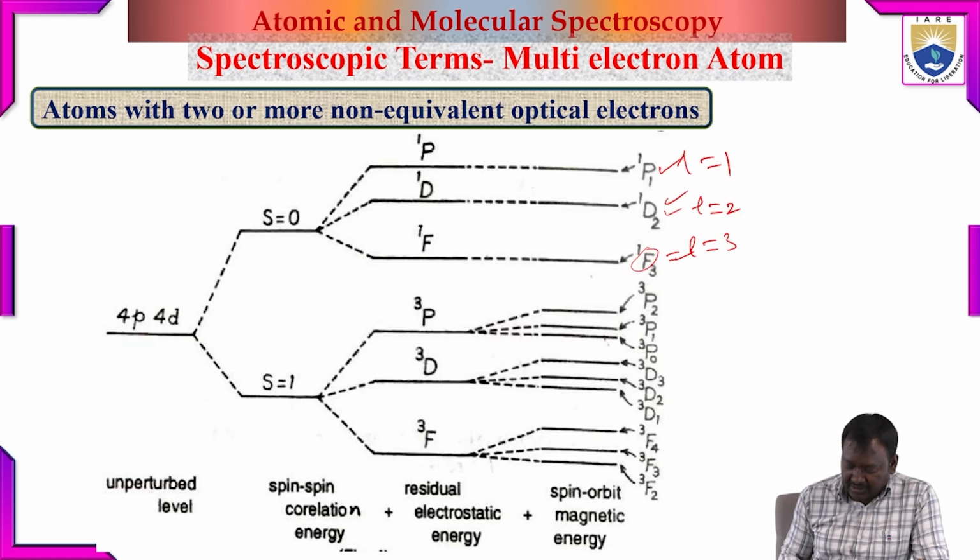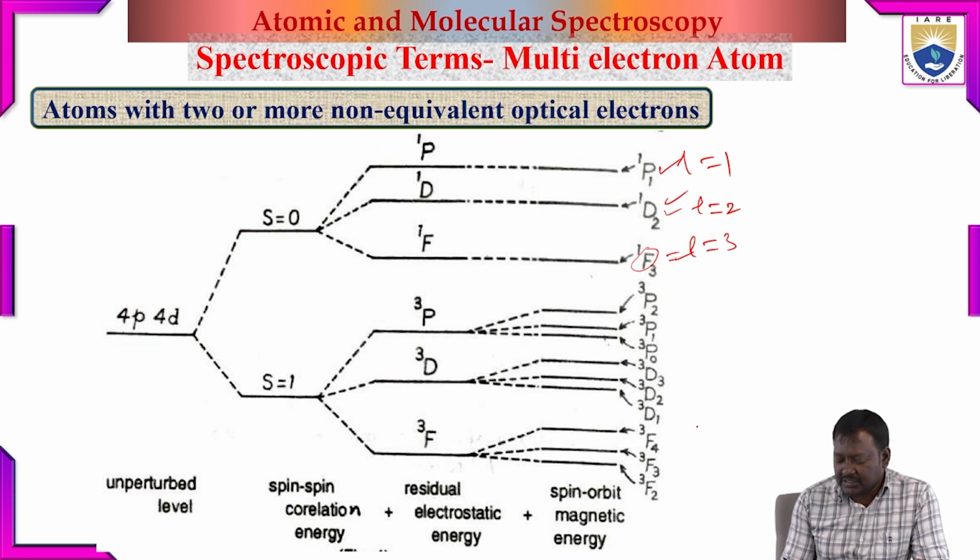Among them again, the terms are based on L value. Higher L value has lower energy, and these also depend on J value. Each 3F term depends on J value.